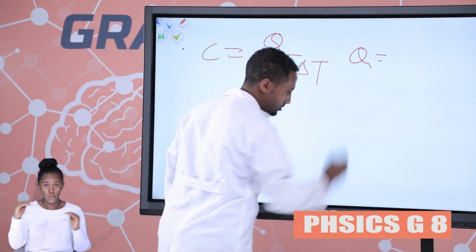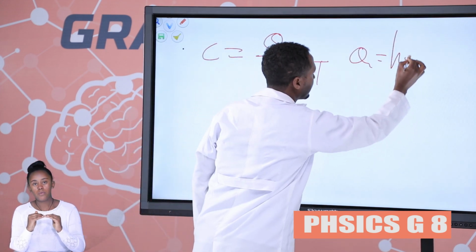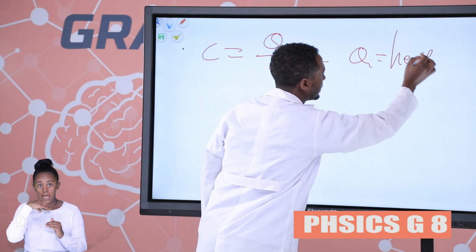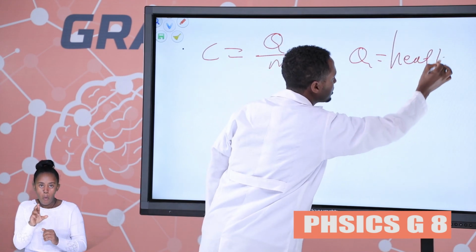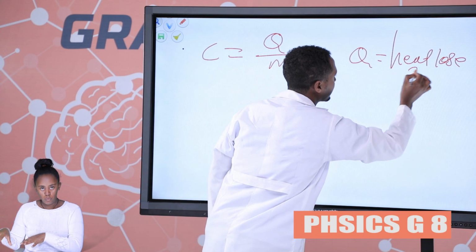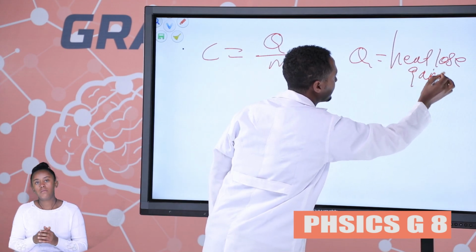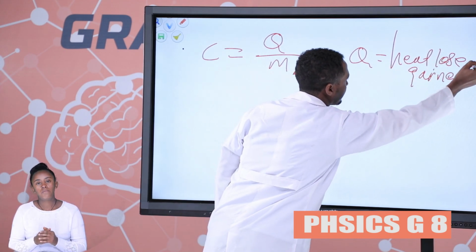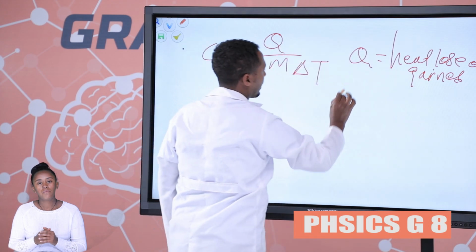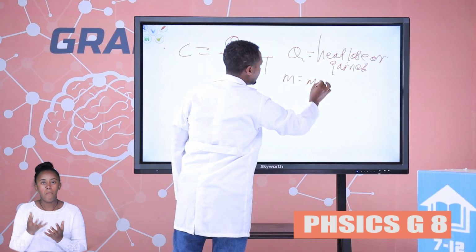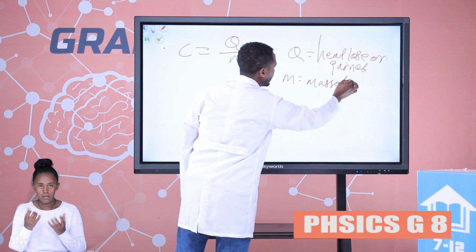Q is equal to heat energy, heat loss or gain. M is the mass of a body.